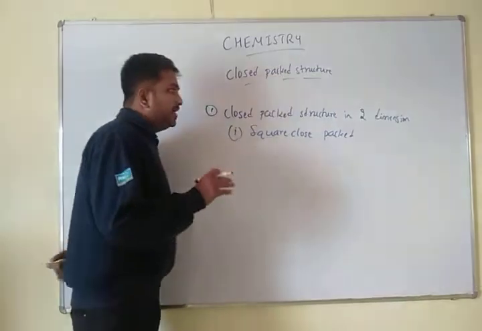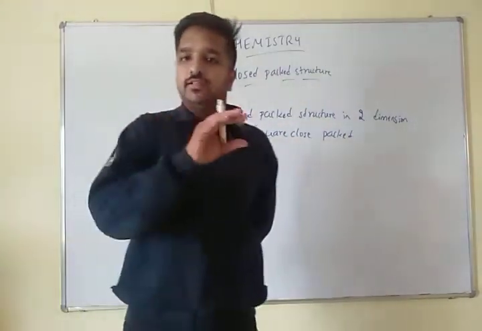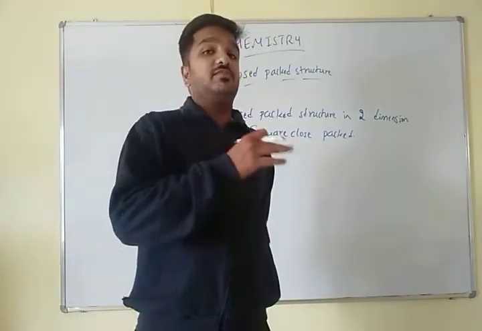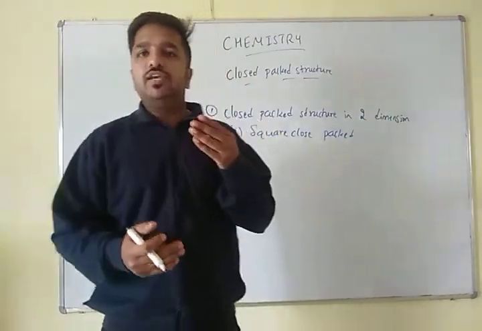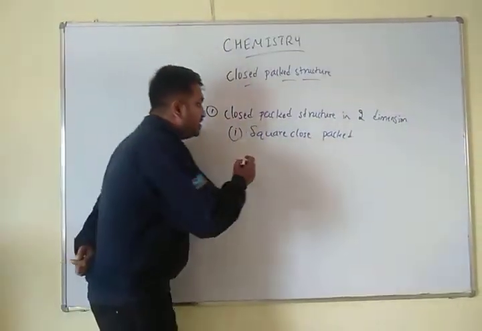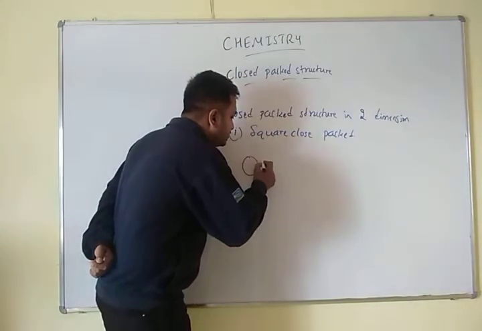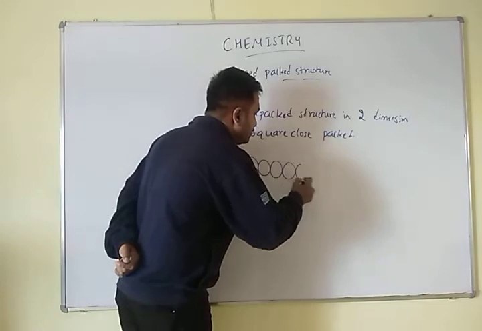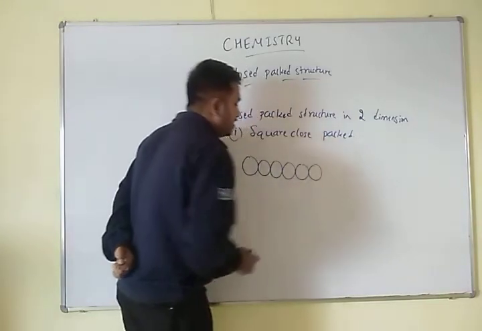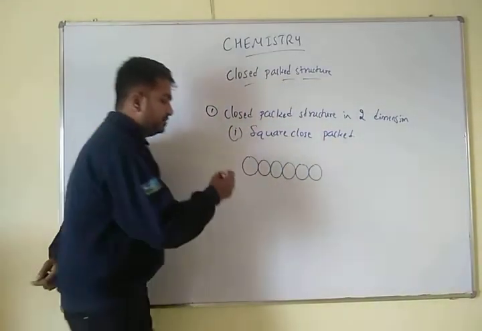Clear? So in one dimension we have taken only one type, either horizontal or vertical. But in case of two dimensions, we need to show it horizontally and we need to show even in the vertical cases also. Now let us focus on this one. See, this is the first arrangement. See, these crystals are closely packed. This is one dimension.